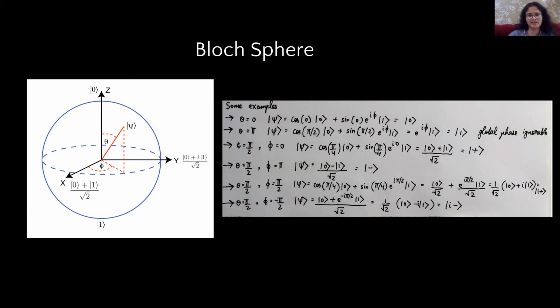So let's just go through all of these examples. If we take theta to be pi by 2, then it means it's in this direction. And we take phi to be 0. So it means that it's moved over here. It's pointing in this direction of x. So putting the values of theta and phi, we get this, ket 0 plus ket 1 divided by root 2, which is basically a superposition state of the two, the ket 0 and ket 1.